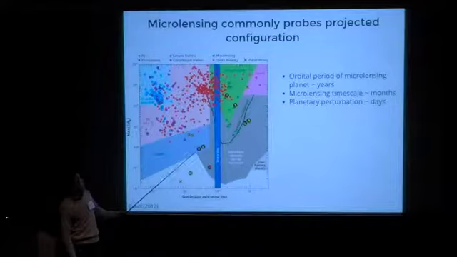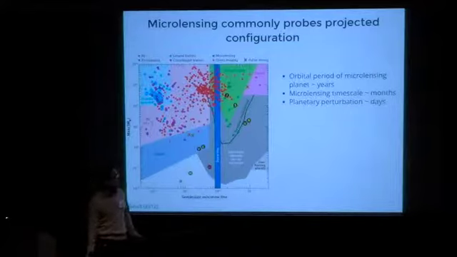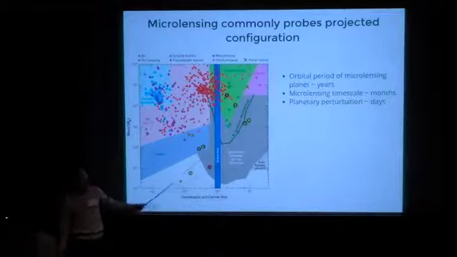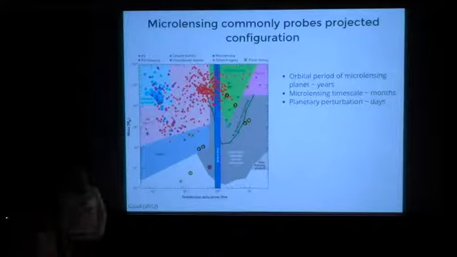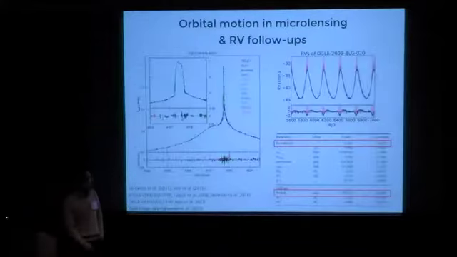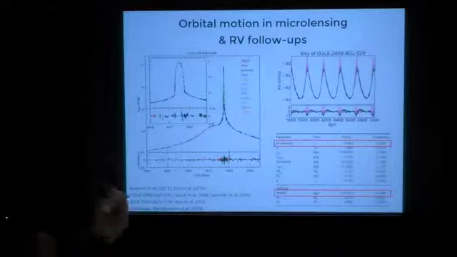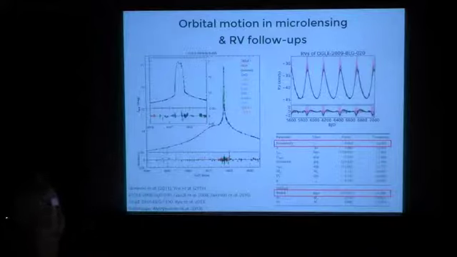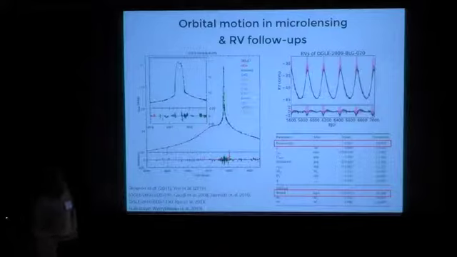But the microlensing timescale, which is the Einstein timescale, is typically only a month, and the planetary perturbation is typically only a few days. So therefore, microlensing typically only tells you the projected configuration of the planetary system. Now, in very rare cases, you can get constraints on the orbits of either the planet or the binary stars in this case.